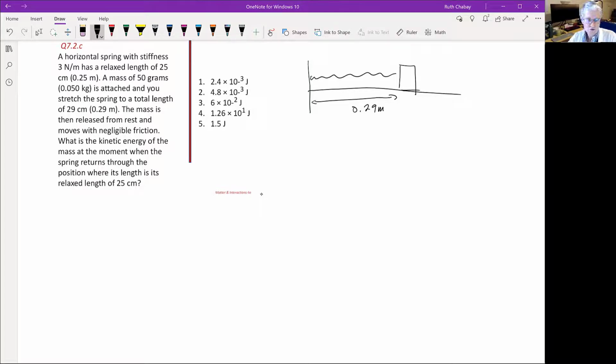And then you release it from rest, and it oscillates. And the question asks us, what's the kinetic energy when it goes back through this equilibrium position where stretch is 0?